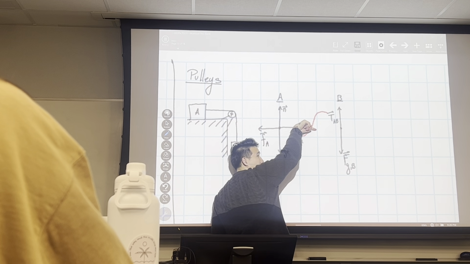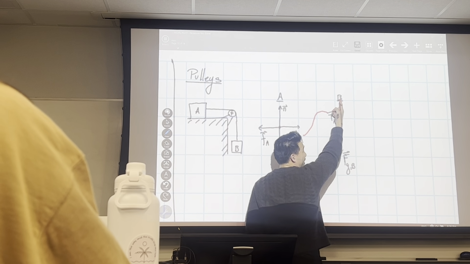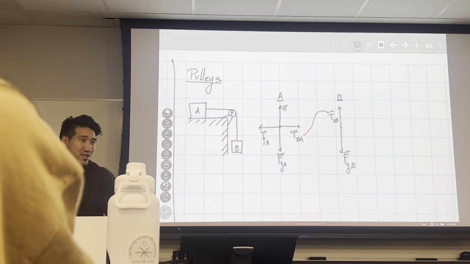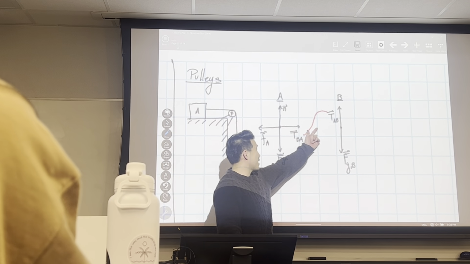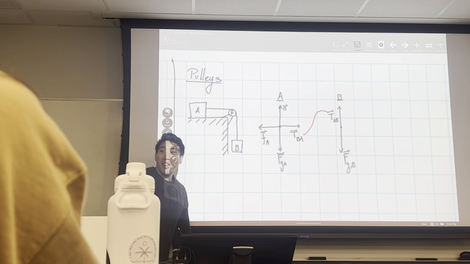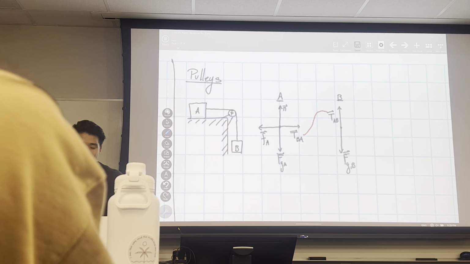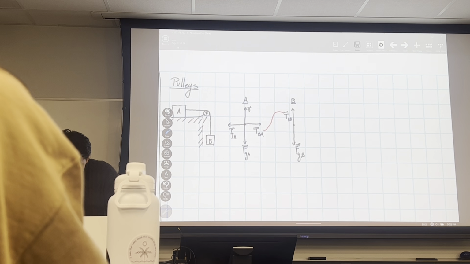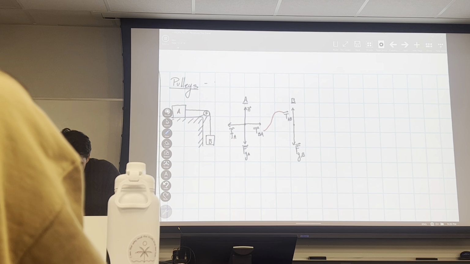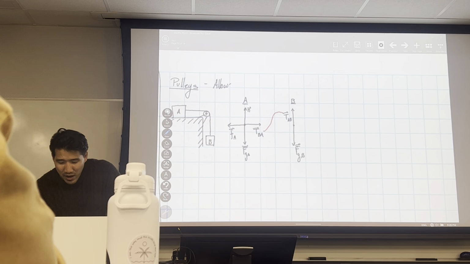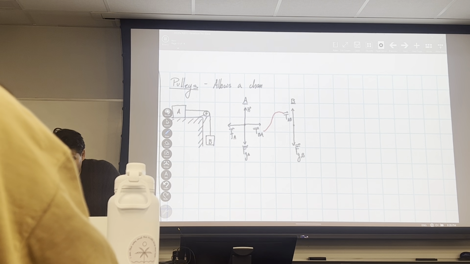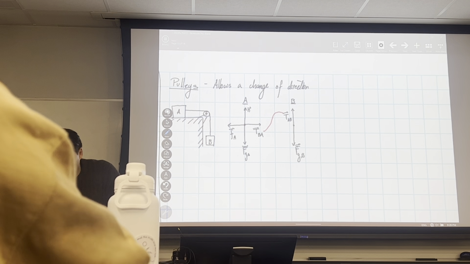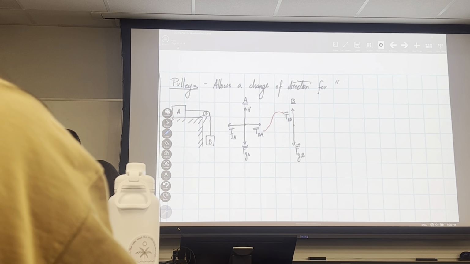One is going this way, but one is going that way. Do you see that? So it's not equal and opposite, it's equal in a different direction. This is what the pulley allows the system to do. So pulleys allow a change of direction for quote unquote free.